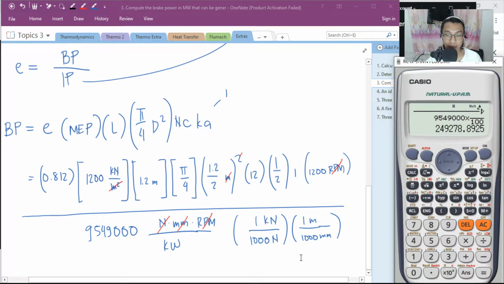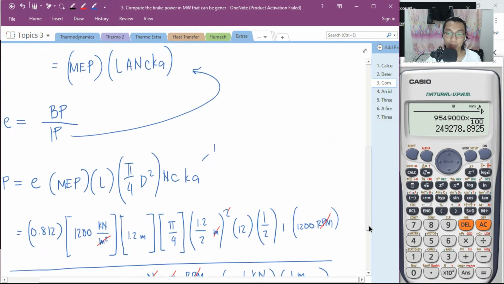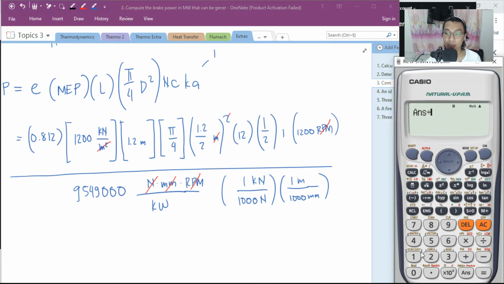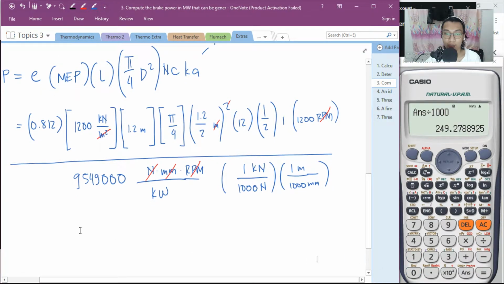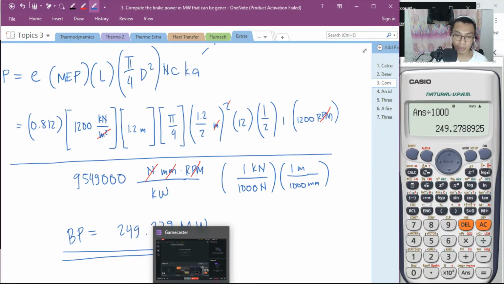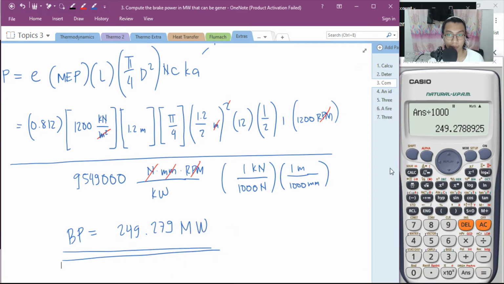Sir, in 1 megawatt, 1,000 kilowatts. O, divide natin ng 1,000 kilowatts to. So, the answer will be 249 megawatts. So, the brake power is equal to 249.279 megawatts. 1,000 kilowatt in 1 megawatt.